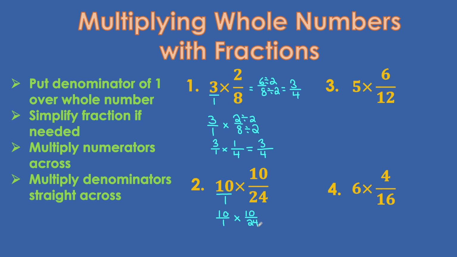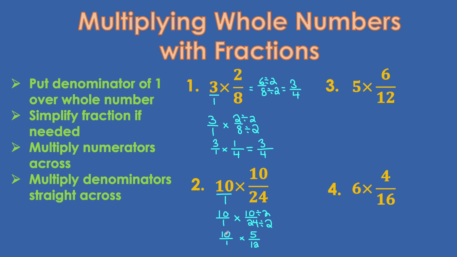You want to find the greatest common factor between 10 and 24, which would be 2. So you divide top and bottom by 2. 10 over 1 times, 10 divided by 2 is 5. 24 divided by 2 is 12.